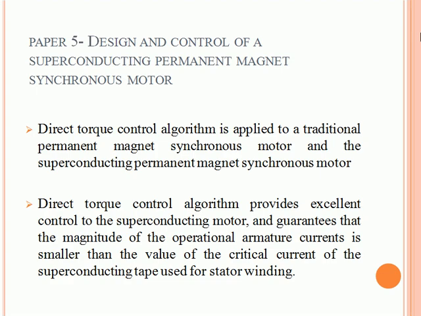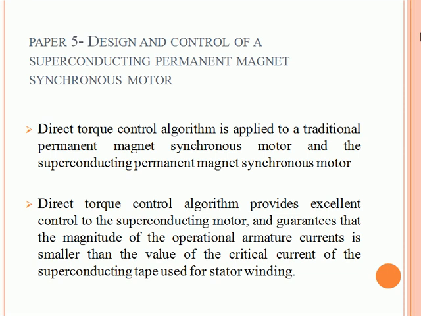So this one is also a superconducting permanent magnet model. Permanent magnets are made of rare earth materials. Neodymium is one of those. They designed one of these superconducting permanent magnet motors, and then they use direct control algorithms.